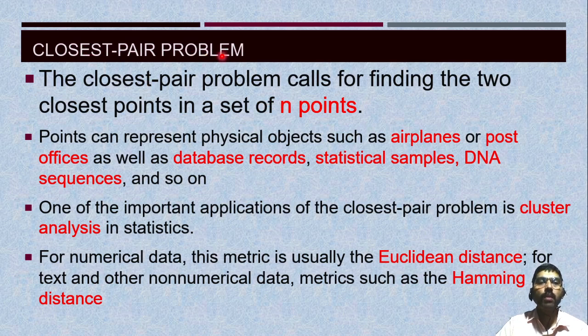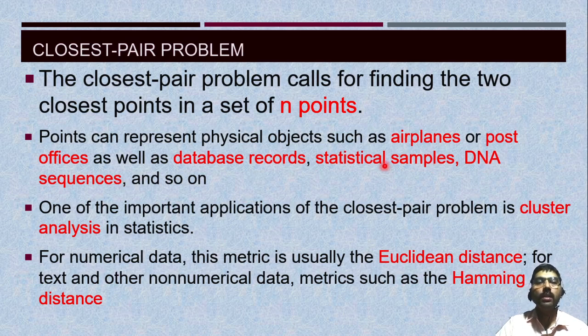In such problems, the points can be replaced with some physical objects. That means the points indicate physical objects such as aeroplanes, post offices, database records, statistical samples, DNA sequences, and so on.